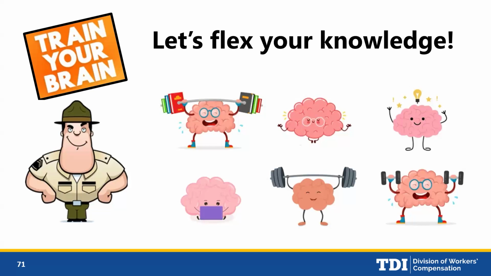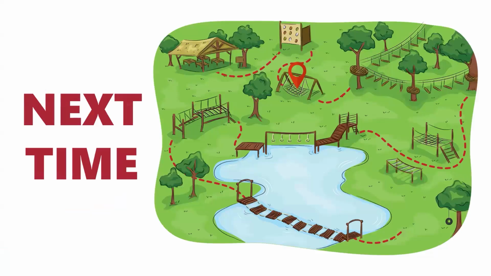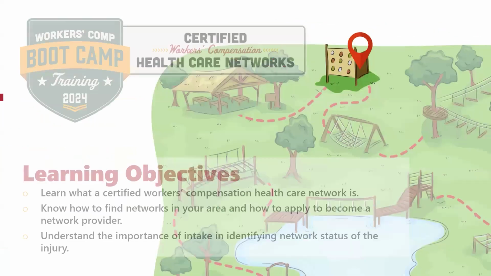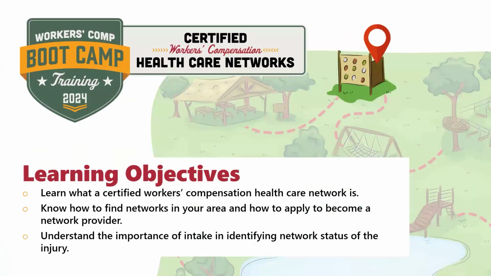I appreciate that. Next time on our boot camp, we hopefully did not fall through all of those pitfalls in your climbing net, and we will get to the climbing wall, if you will. That's our next obstacle course challenge, and it's about certified workers' compensation healthcare networks.